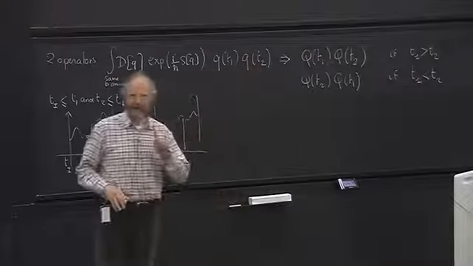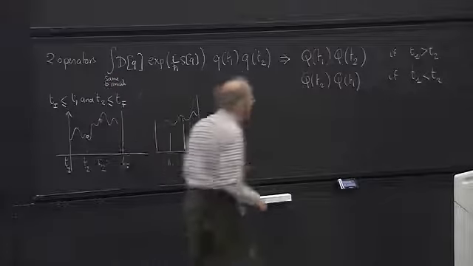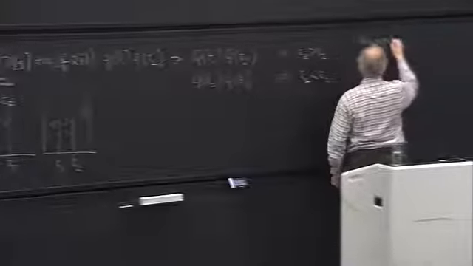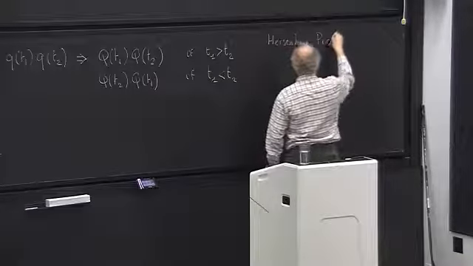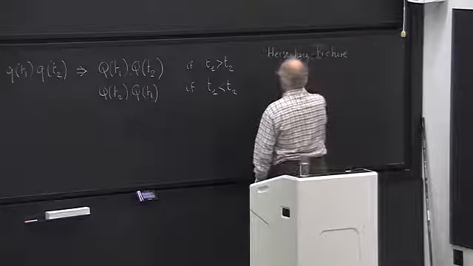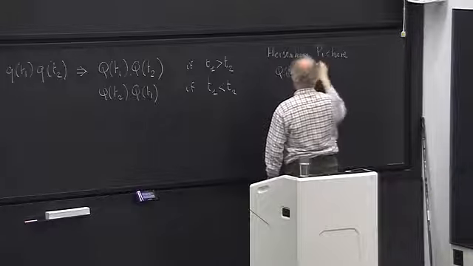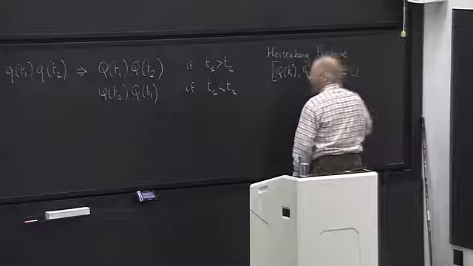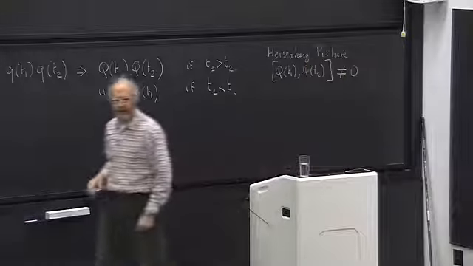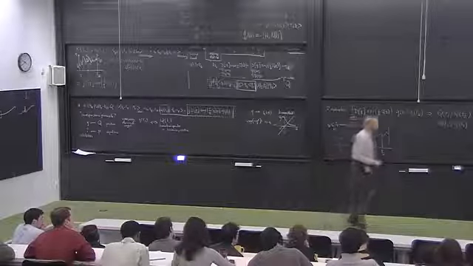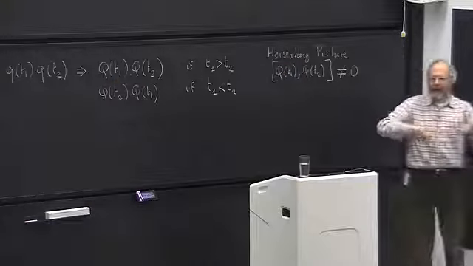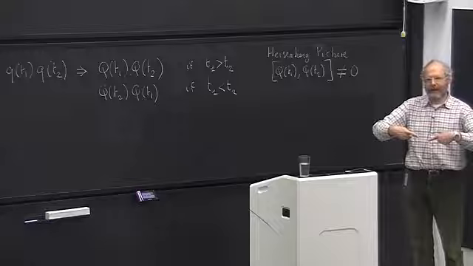And those are different operators because in the Heisenberg picture, Q of T1 and Q of T2 do not commute, because they are defined from the operator Q by applying the H.